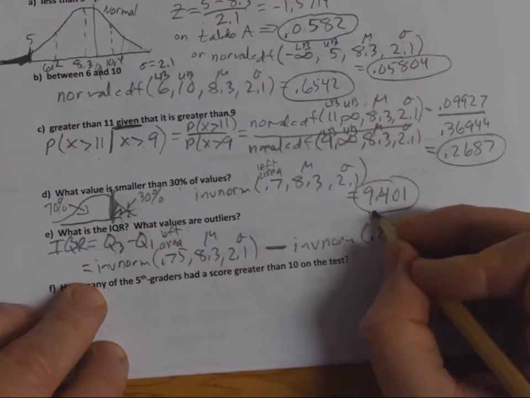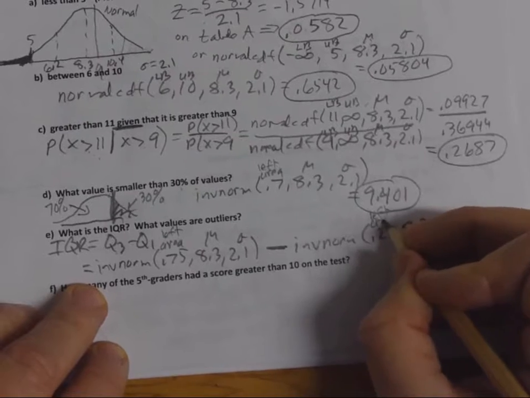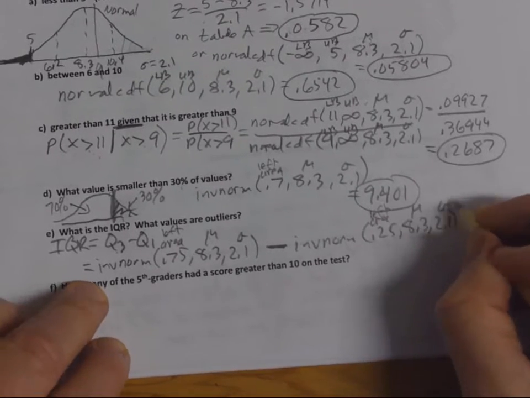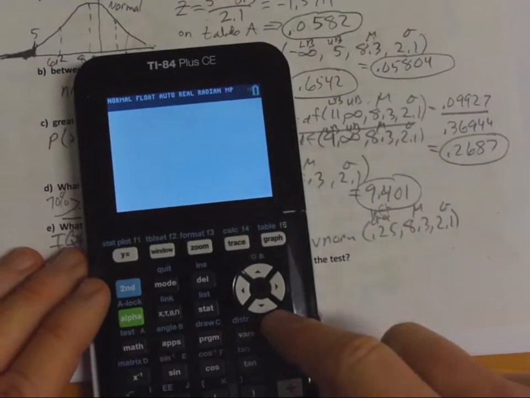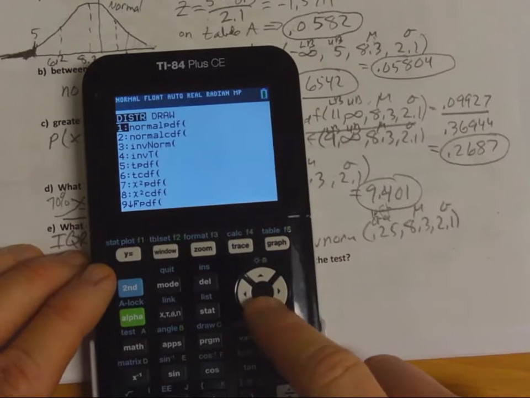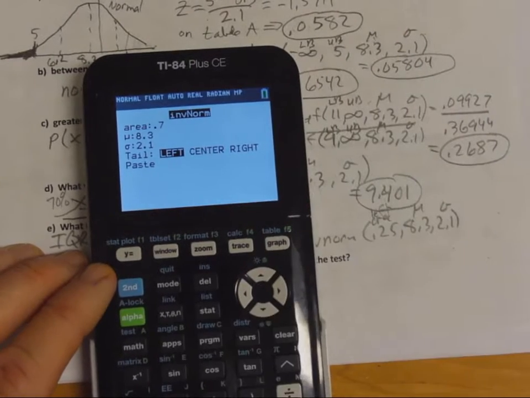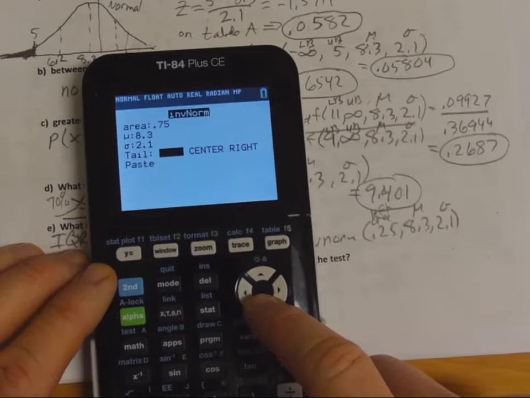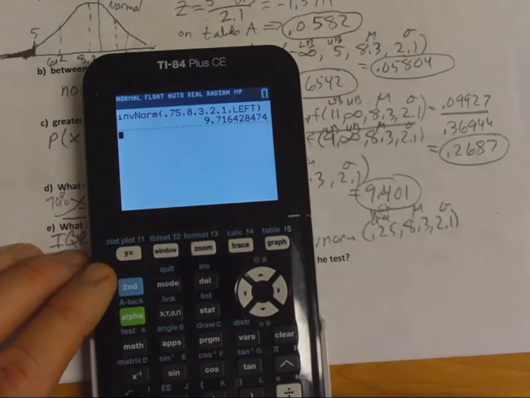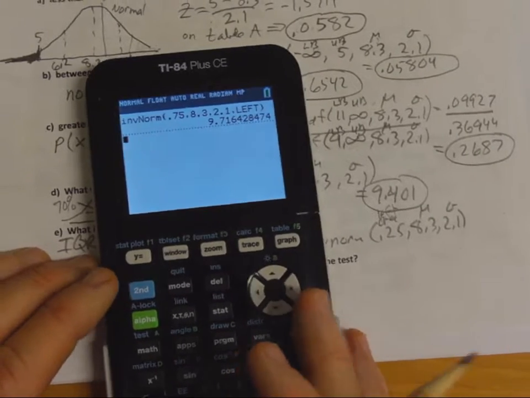So that is my left area. Label that as left area. Label that as mu. So I do the same thing here. If I do inverse norm, 0.75, left area, that mean, that standard deviation, I get 9.716.